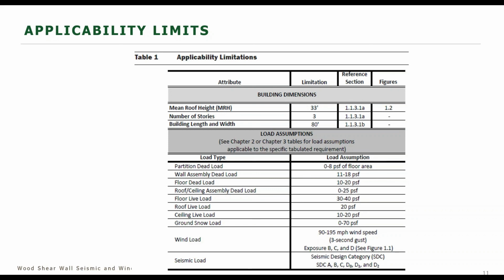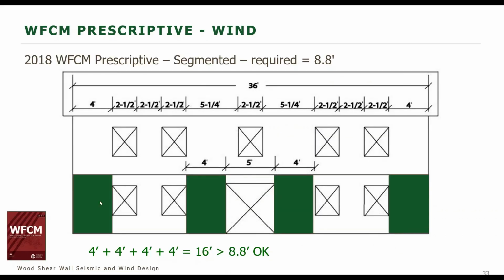If this was a complete example, we would have designed the second floor shear wall, calculated the hold down requirement on that, and that would have been combined with the hold down requirement for our first floor shear wall that we designed today. So any overturning that's resisted at this location would need to be added to this.